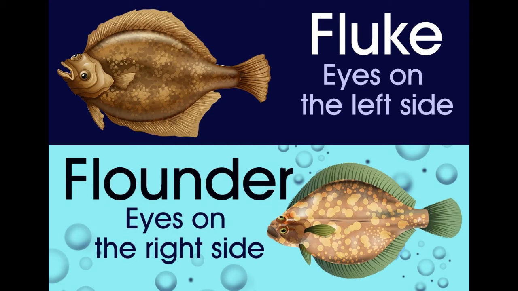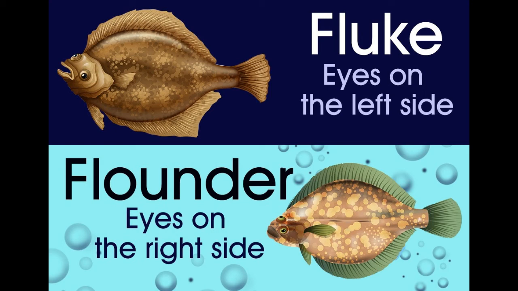So, how do we differentiate between the two species? Here is a chart that will mark the differences between a fluke and flounder. Fluke versus flounder. Fluke, commonly known as summer flounder, left eye fish. Winter flounder, right eye fish.